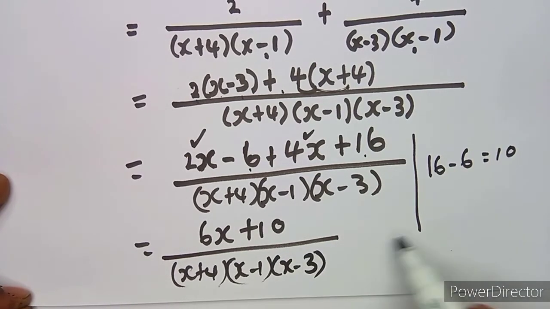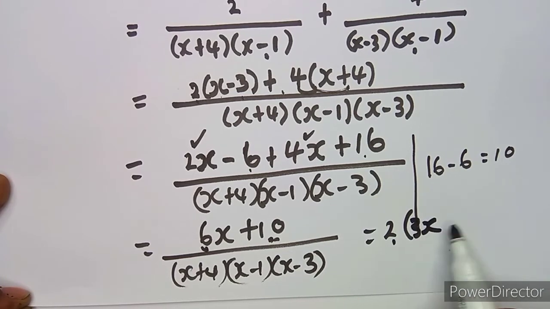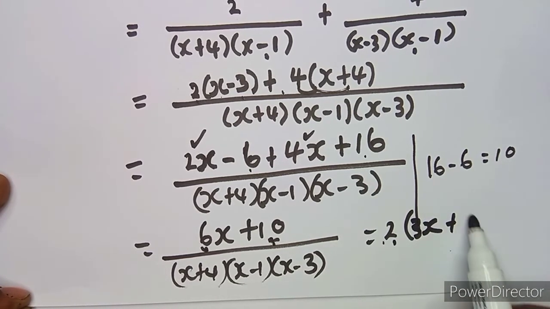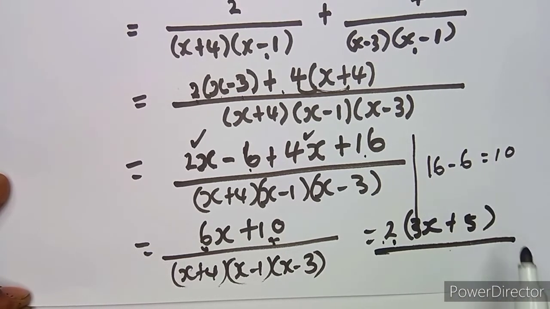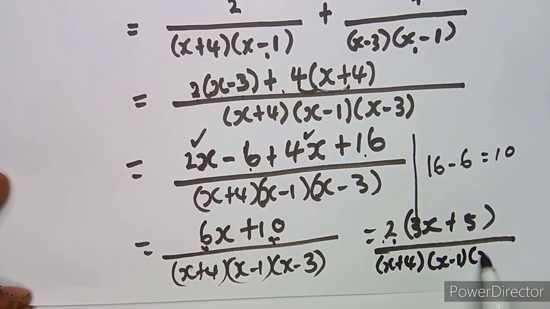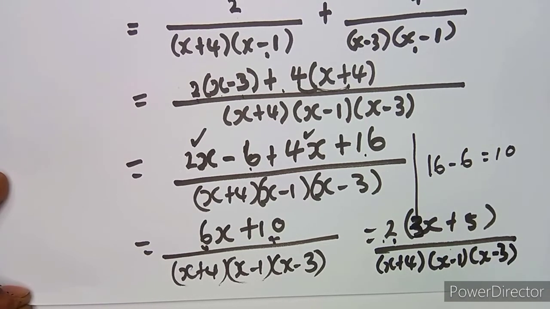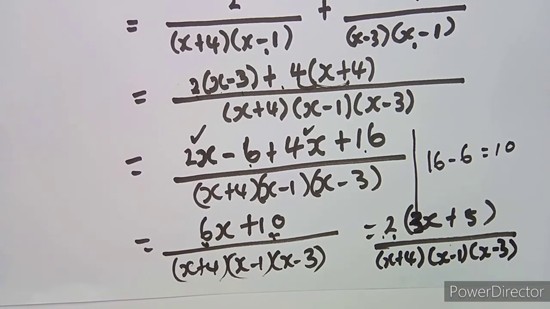All right, so you can actually factor out here. As you can see, 2 is common, which means you're going to be left with 6x divided by 2, which is 3x, plus 10 divided by 2, which is 5. Why do we have to factorize here? Because sometimes you can have a condition where you will have brackets which are the same, then you have to cancel them. But in this case, we do not have such.